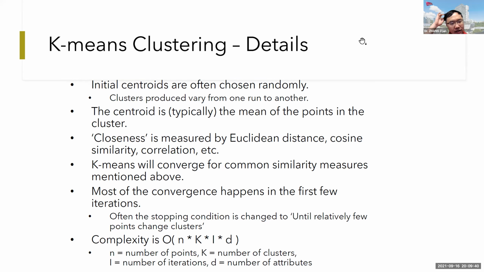The k-means clustering complexity is described as a big O in terms of 4 parameters, and its input is n multiplied by capital K multiplied by capital I multiplied by d. In this complexity notation, the little n means the number of data points.